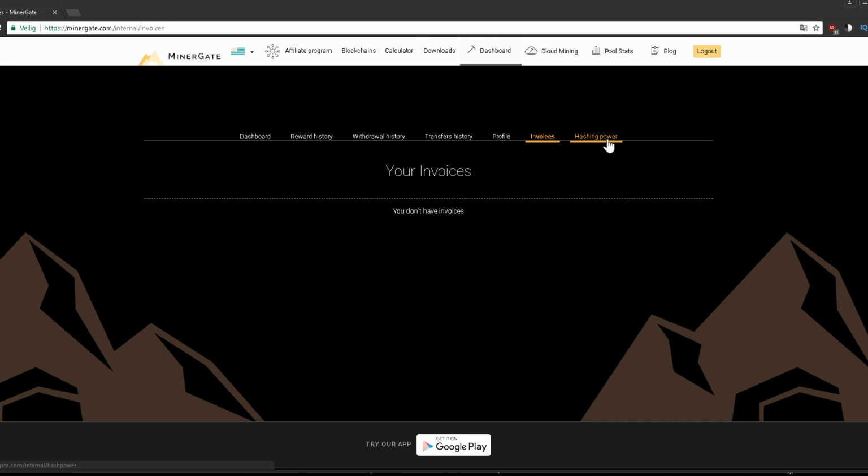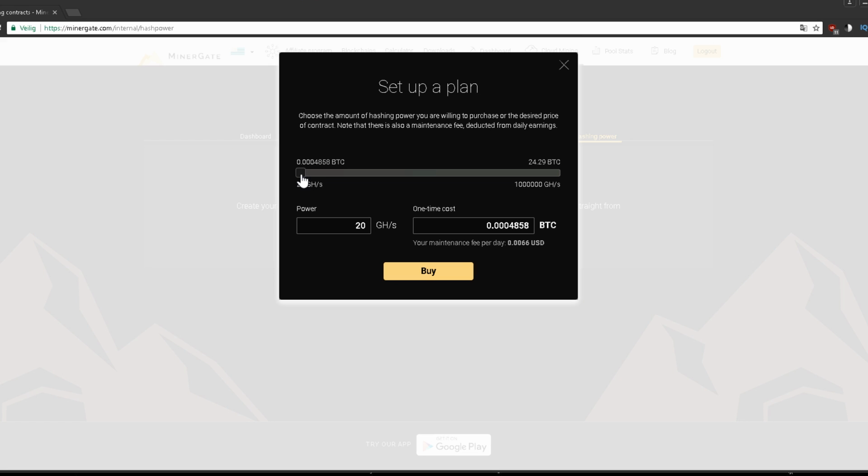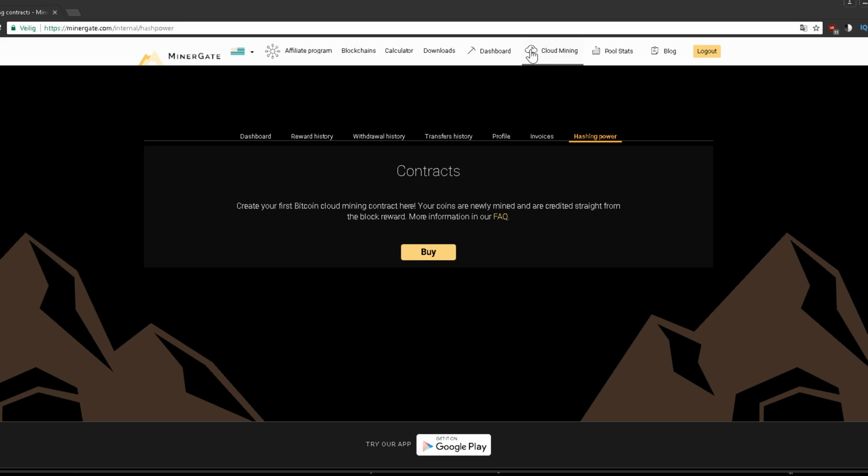Alright, hashing power is here. You can create a contract for cloud mining, and you can buy hashing power for bitcoins, and then they will be cloud mining for you. As I told earlier, you want to be really careful with that.